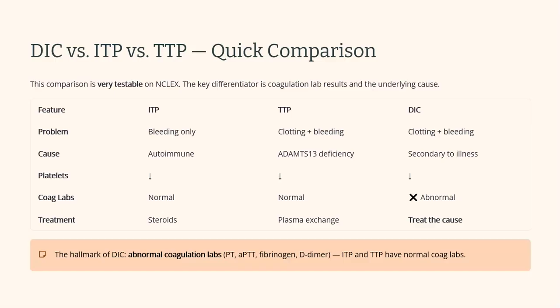Hopefully you're thinking TTP. So if you're looking at a patient with abnormal bleeding, and their coagulation labs, PT, APTT, fibrinogen, D-dimer are all abnormal, that's the hallmark for DIC. The two other bleeding disorders, ITP and TTP, actually have normal coagulation labs.